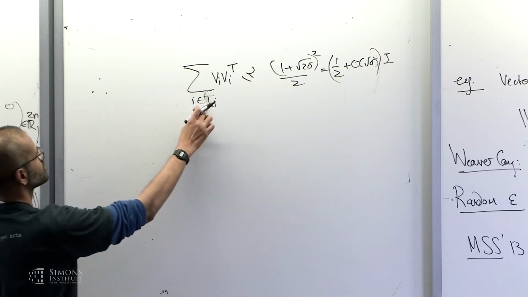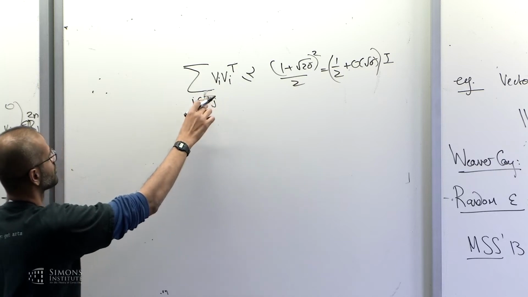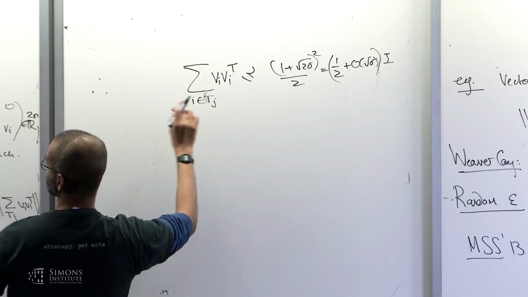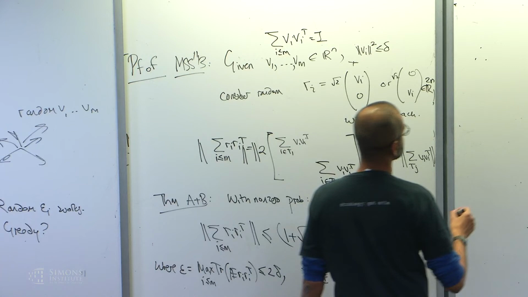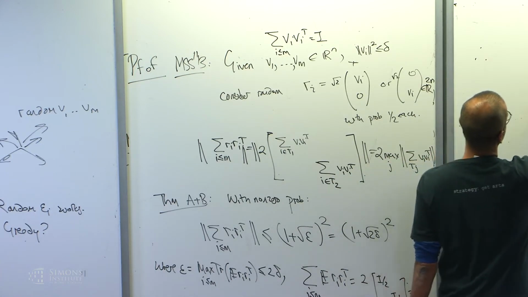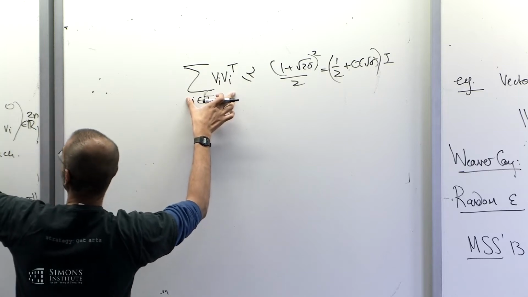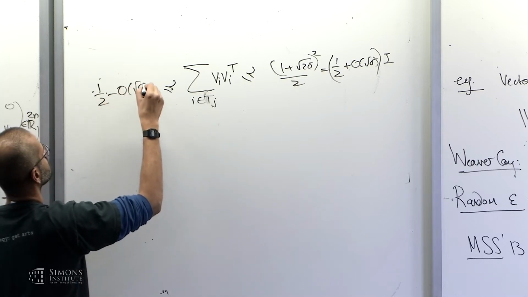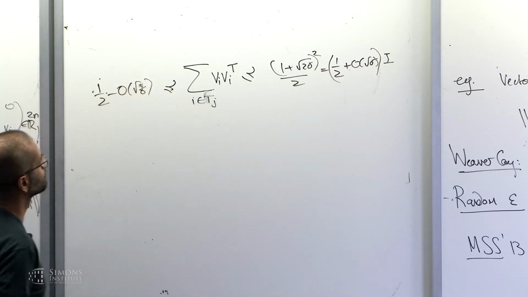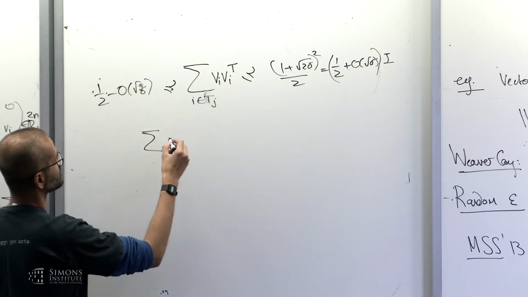But now this is actually true for both the set and its complement. Remember, because I've partitioned my vectors, which add up to the identity, into two sets. And so what that means is, well, if the eigenvalues of this are upper bounded and the eigenvalues of the complement are upper bounded, complement being the identity minus the matrix, I also get a lower bound. Root delta. Okay? And so now, if I just take the difference, I get the bound that I wanted.